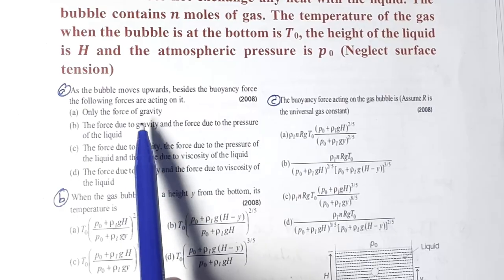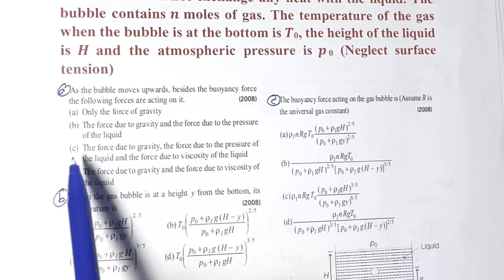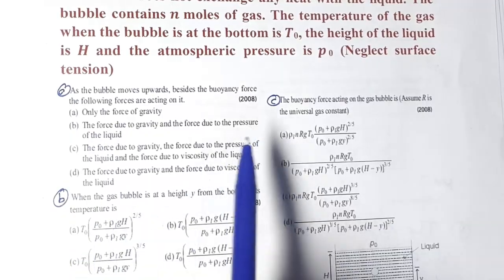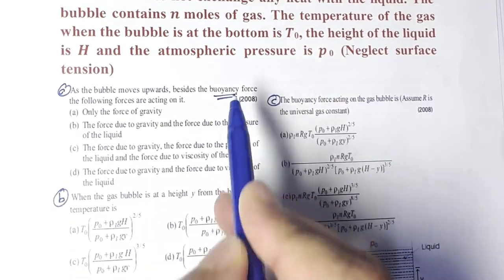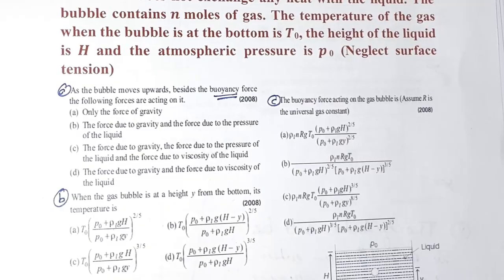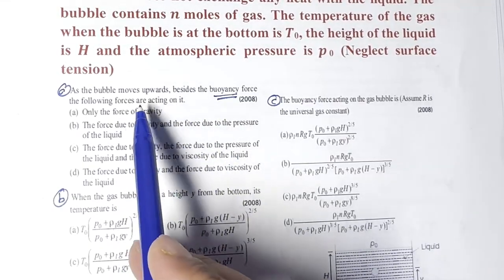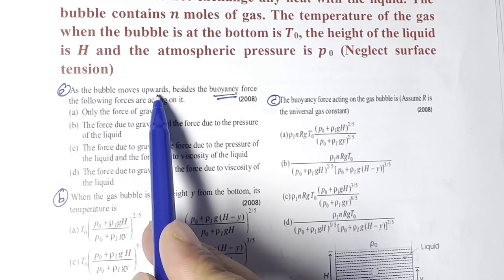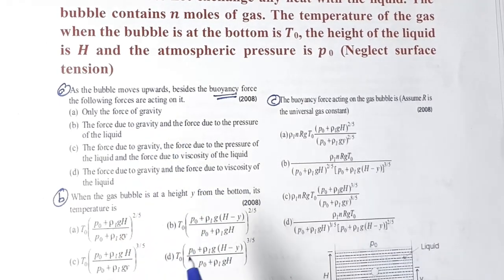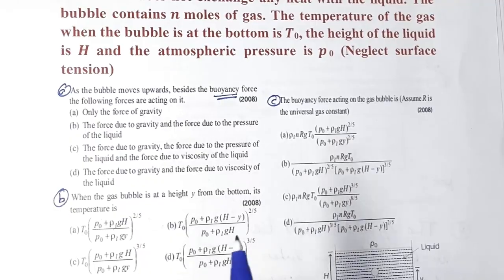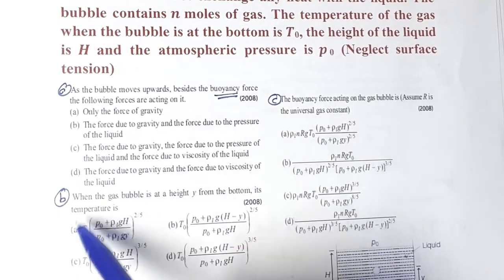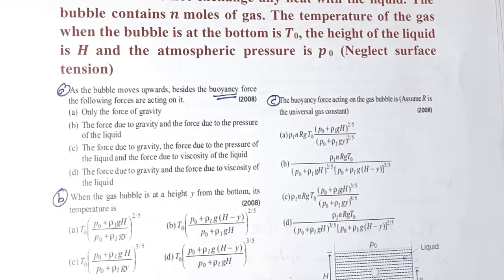All these permutation combinations are given in these four options except the buoyant force. As the bubble moves upward, we have to find out what are the different forces that will be acting on it. So let us analyze these options one by one.